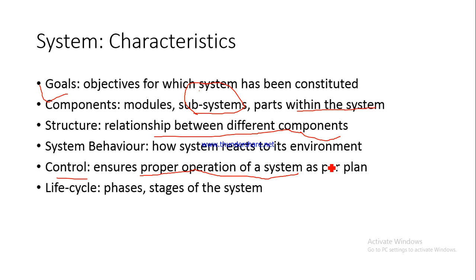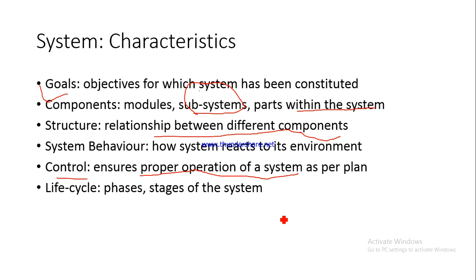And then the system has its own life, and it goes through various stages in its life cycle, right? There can be various stages, and we'll be having a look at the various stages in the ensuing discussions.